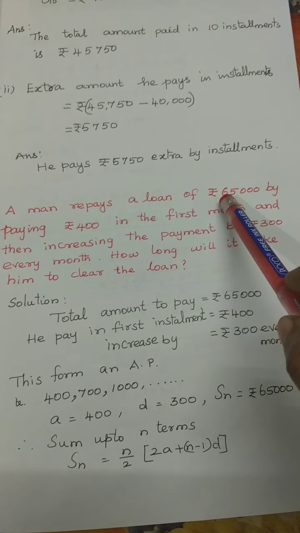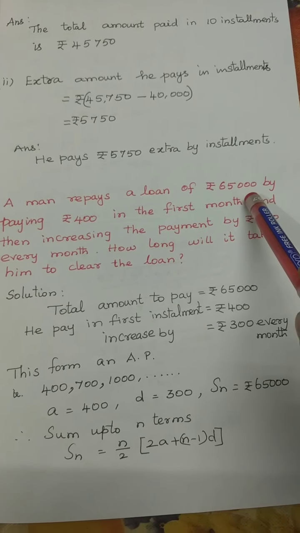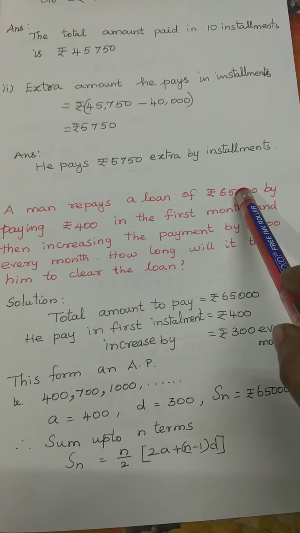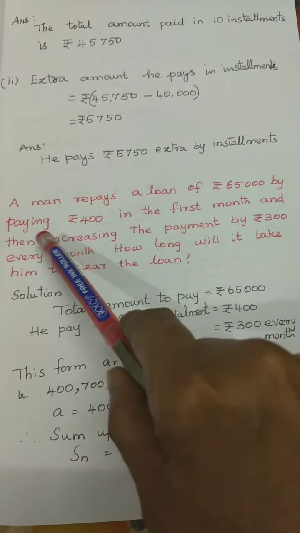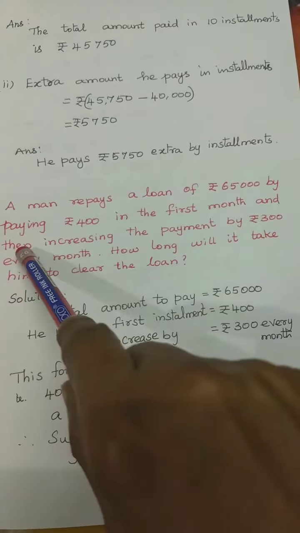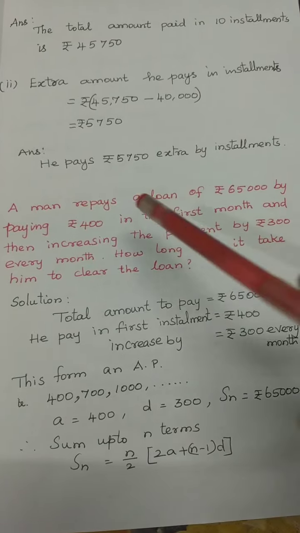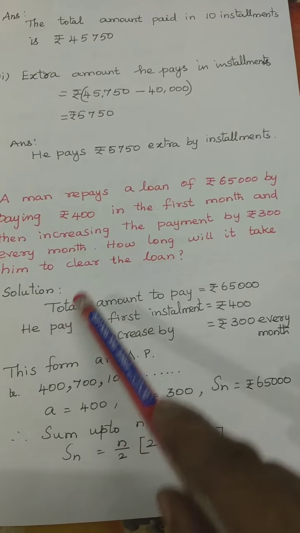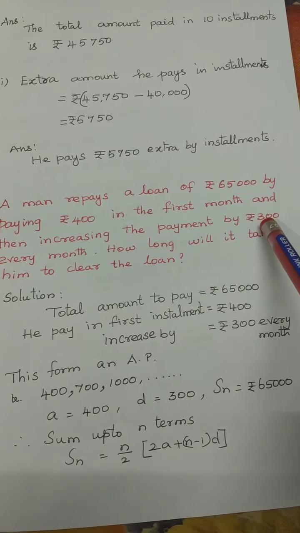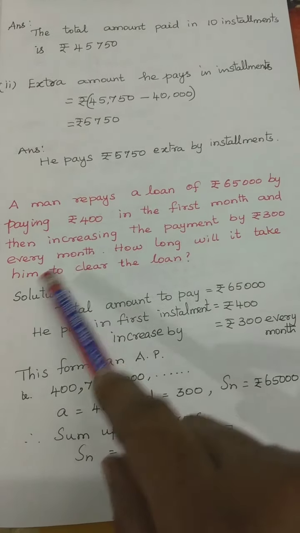He has a loan of rupees 65,000, the amount he got as loan. He is paying 400 in the first month and then increasing the payment by 300 every month. Then the second month he is paying 400 plus 300, 700. Then you will calculate.